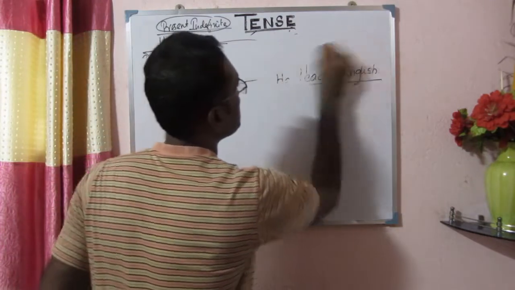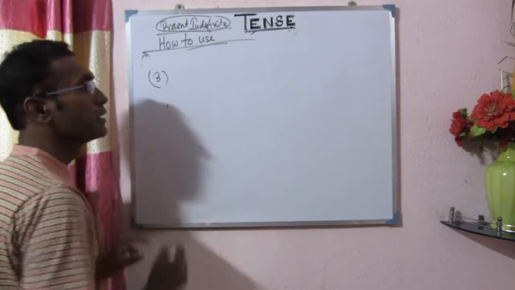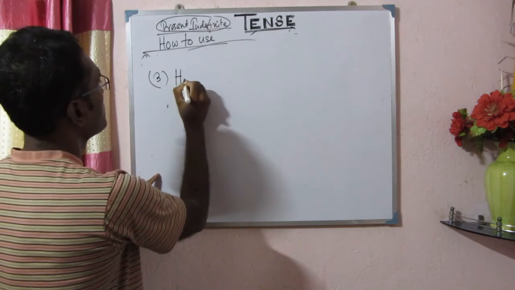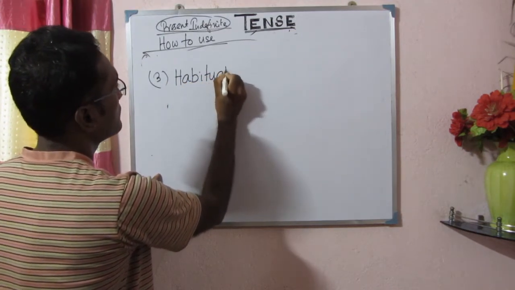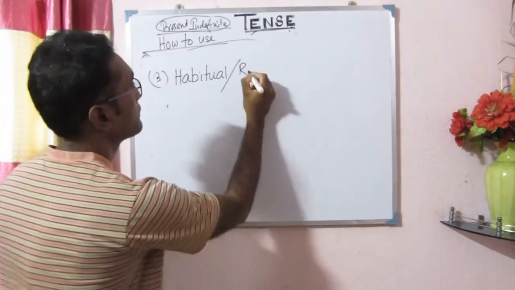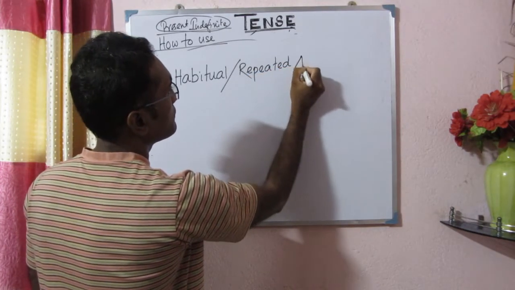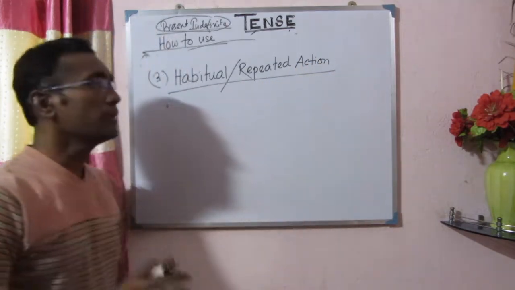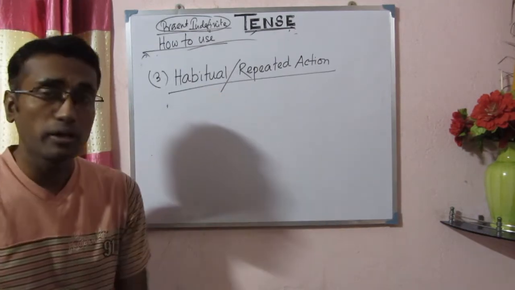Number three is repeated action or habitual action. You have to use present indefinite tense when you are trying to say your habitual or repeated action.